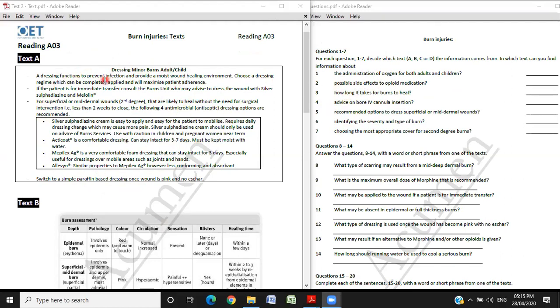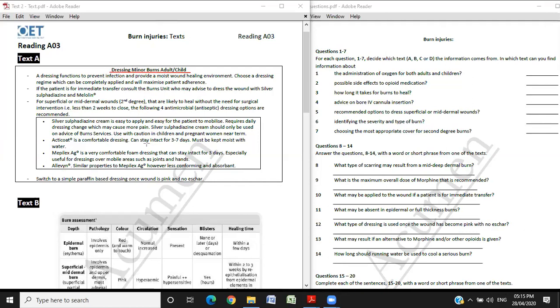This is a major difference, students, for skimming. In the skimming skill, you wouldn't read the question first, you would read the text first. So if you look at the text here, we would not read every single word, we would just pay attention to headings, subheadings, and layout. So you can see here, the heading says dressing minor burns for adult and child.